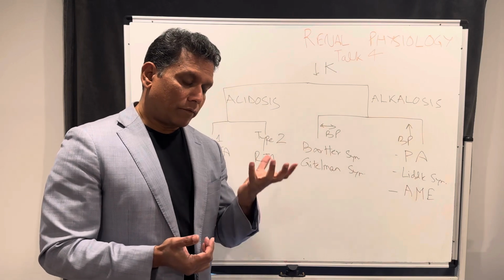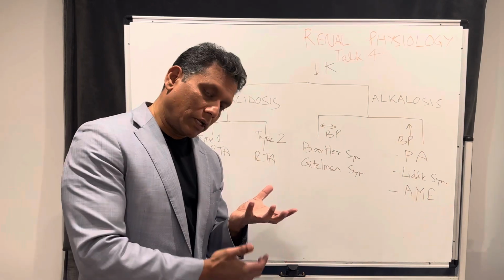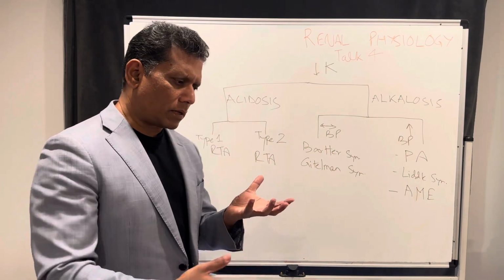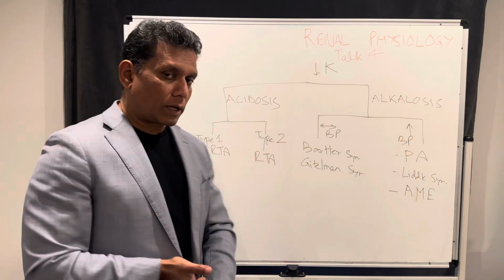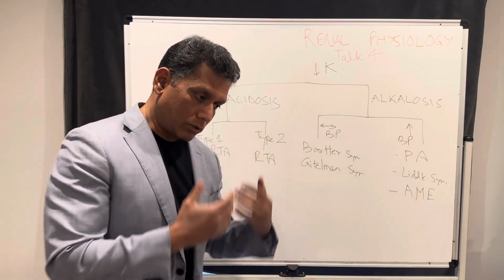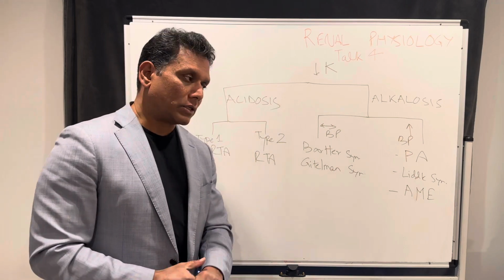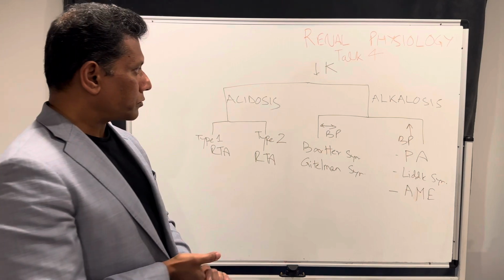Normally we freely filter every bit of bicarb in the glomerulus, but we reabsorb all of it, 90% in the PCT and about 10% in the distal tubule. In proximal RTA, you're unable to reabsorb that 90% of bicarbonate, and as you lose bicarbonate, you're acidotic. Both of these conditions come with hypokalemia.